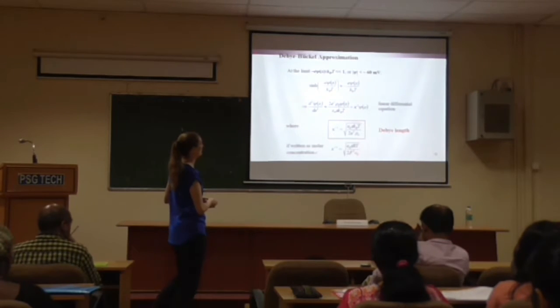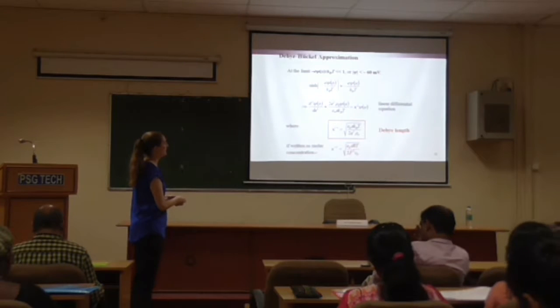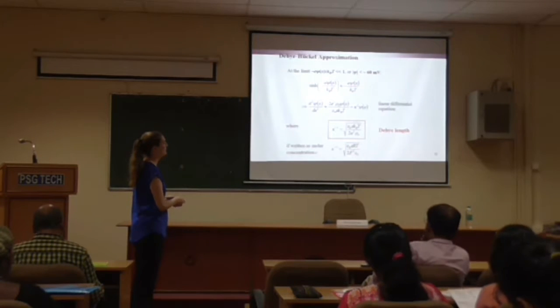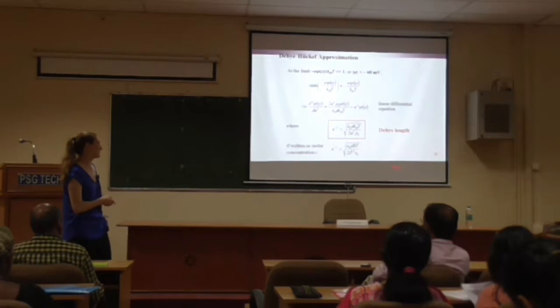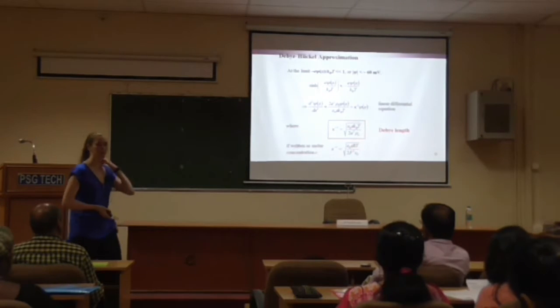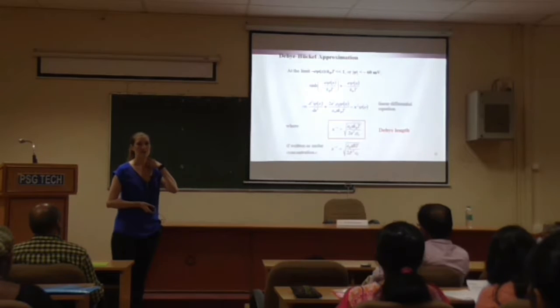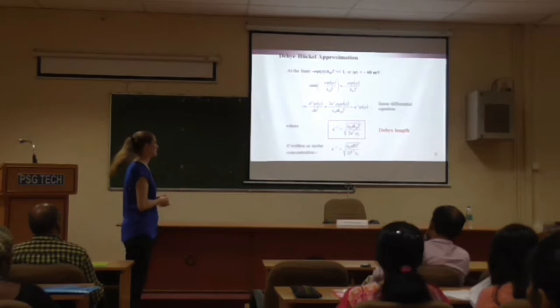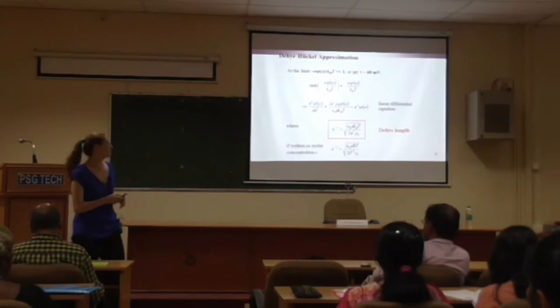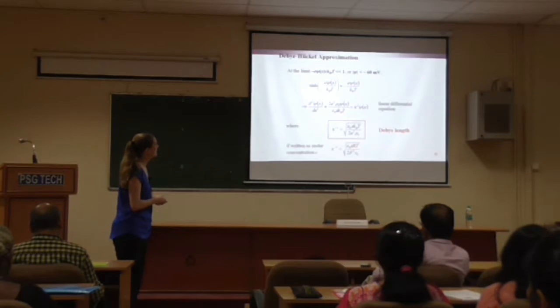So this is 0.15 molar. This is Faraday's constant, which is converting the concentration into charge. So Faraday's constant is the amount of coulombs in 1 mole of electrons. So Faraday's constant times concentration will give you charge. This is the media permittivity, and then this is the gas constant, and that's the temperature.